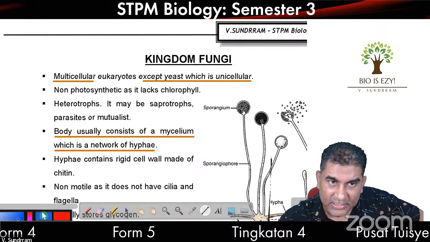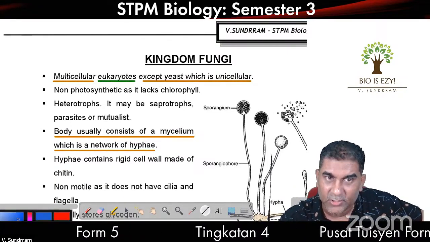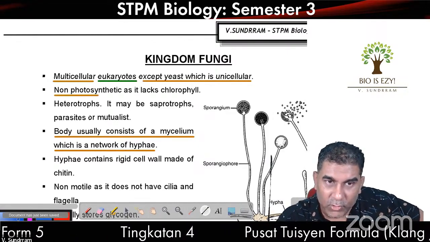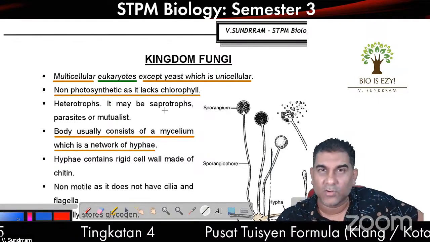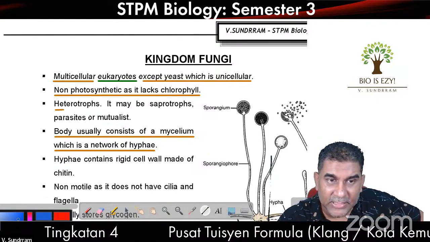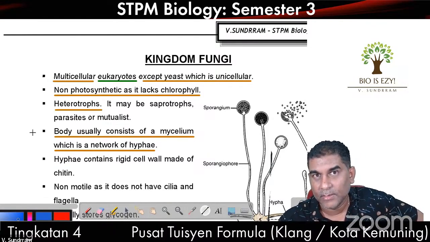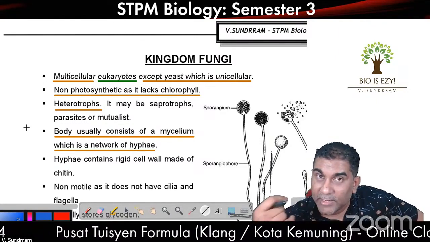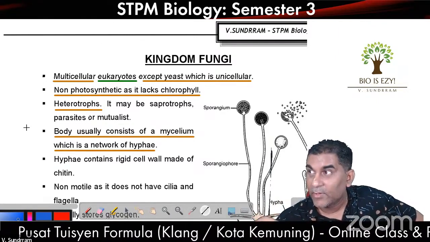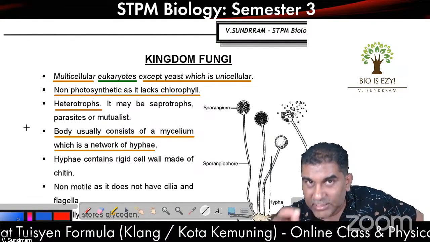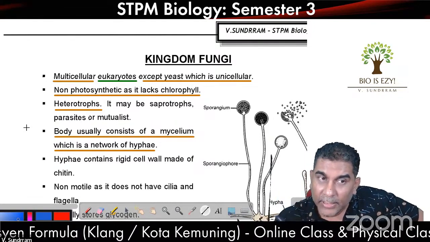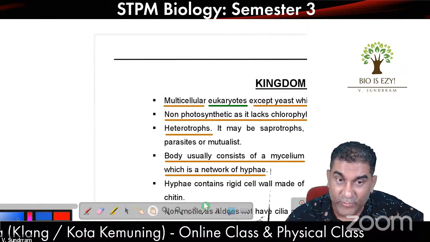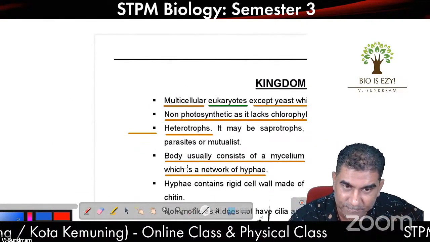This is another characteristic. It's eukaryote, have nucleus. No photosynthesis, no chlorophyll. That means they are heterotroph. Definition of heterotroph: obtains organic substance from various sources. You will learn in chapter 15. Heterotroph means they obtain organic substance from various sources.